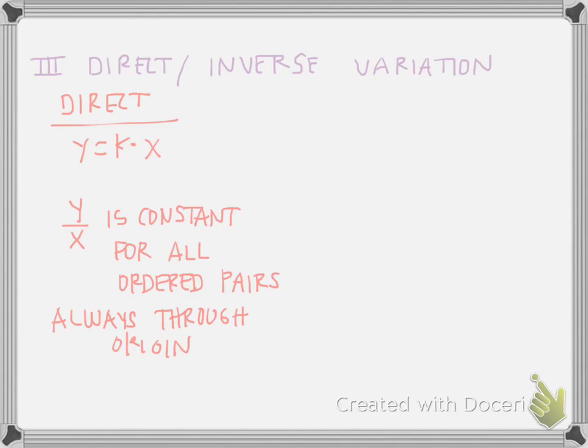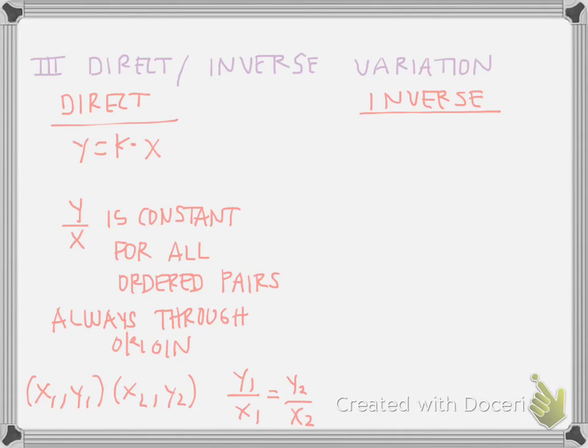Okay, finding a missing variable: if you have x1, y1, x2, y2, if you're given ordered pairs here, then you'll say y1 over x1 is equal to y2 over x2 to find it. Inverse variation. Okay, this one has the formula y equals, so solve it for y, k over x.